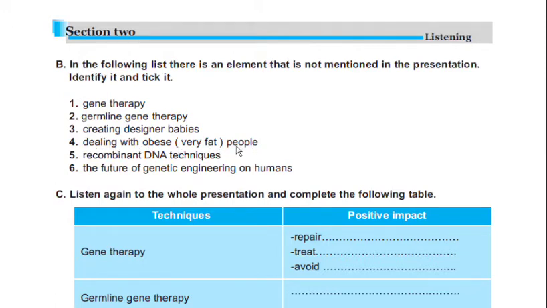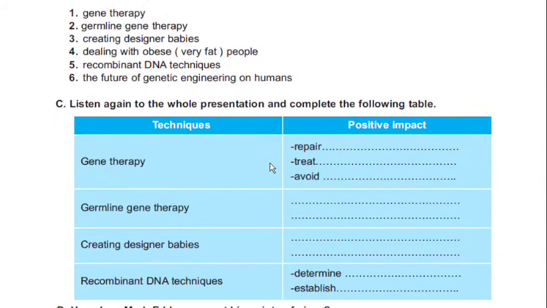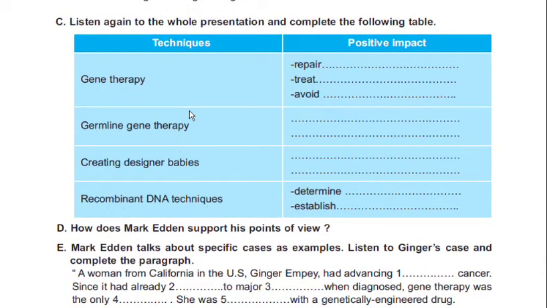So he talked about gene therapy, germline gene therapy, creating designer babies, recombinant DNA techniques, and the future of genetic engineering on humans. We're going to see in which we are supposed to complete with the appropriate pieces of information.